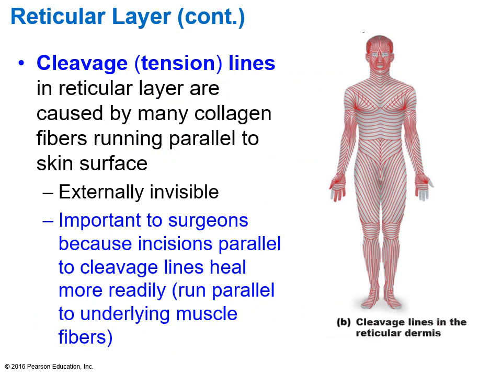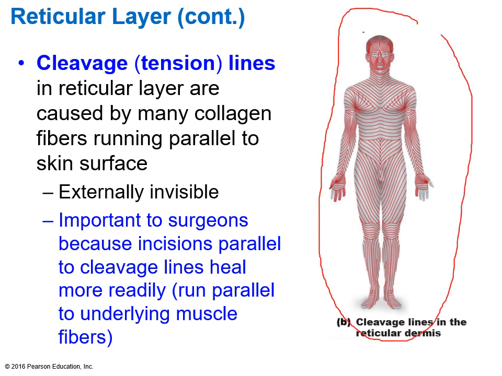The other thing that I want to mention to you is that we can take a look at the natural orientation of the collagen fibers in the dermis, and we are able then to create what we call cleavage or tension lines. And we can see it on our subject right here, the little red lines that protrude all throughout the body. These are actually great markers to see how the skin and the muscle fibers are running in a parallel format.